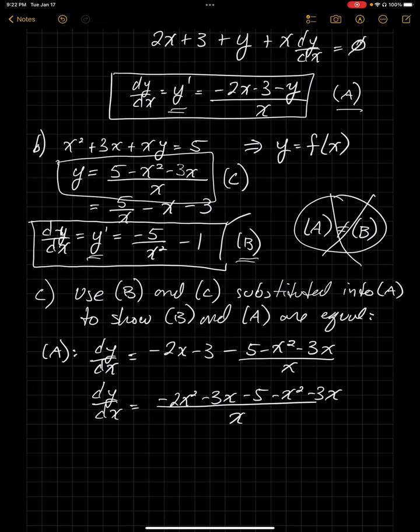I had a mistake. So this is minus y, so I should have put some parentheses here. Minus y, which y is equal to 5 minus x squared minus 3x over x.